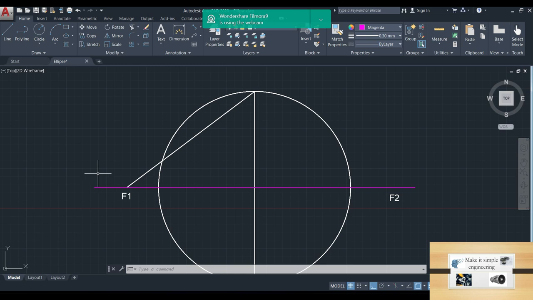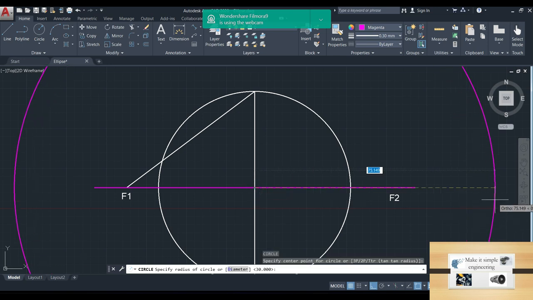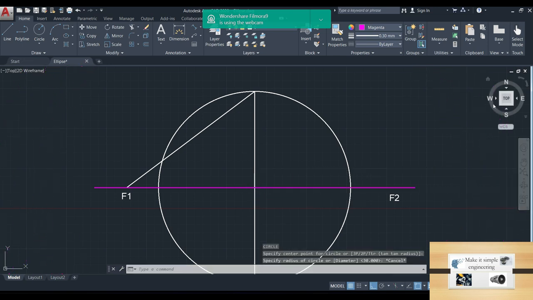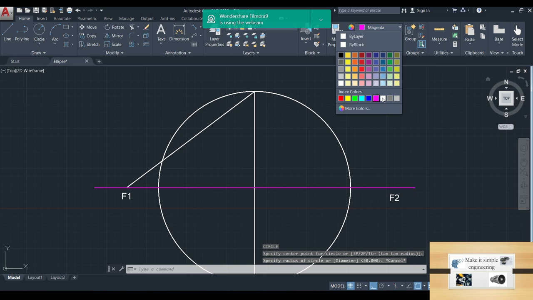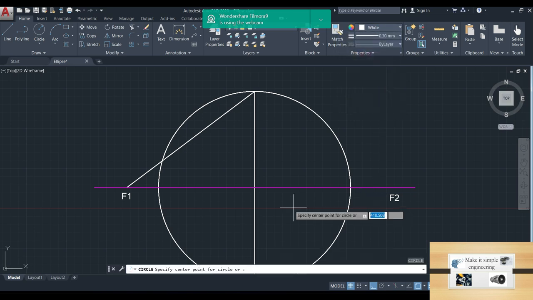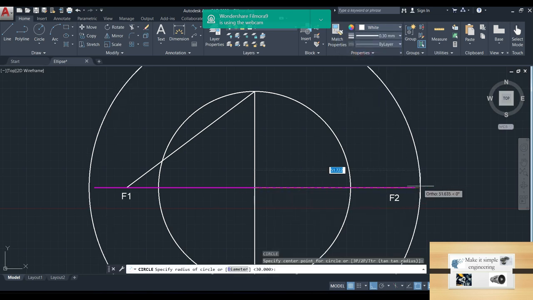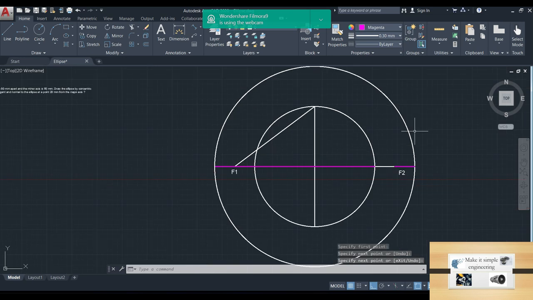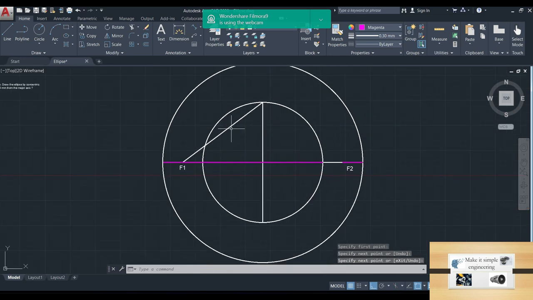So we will get the vertices. Now we can directly draw 2 circles like this. After this step, everything else is the same as that of the previous question.